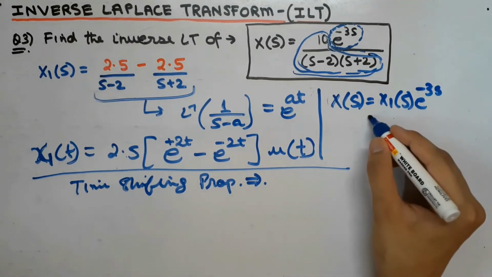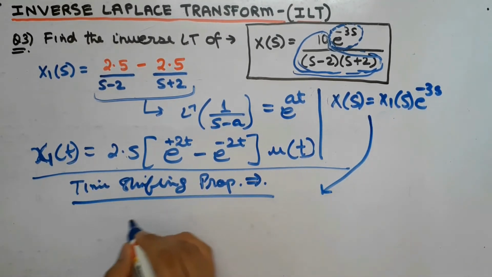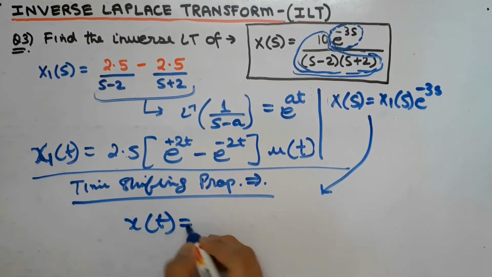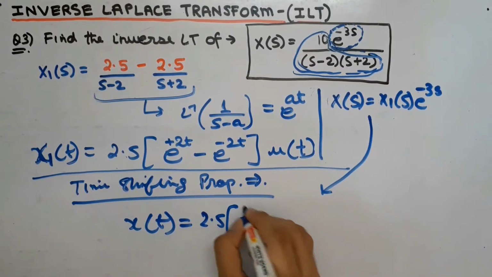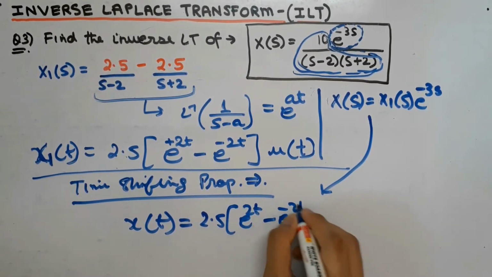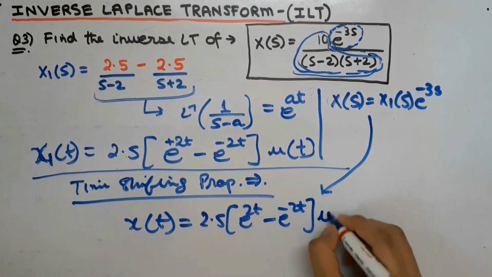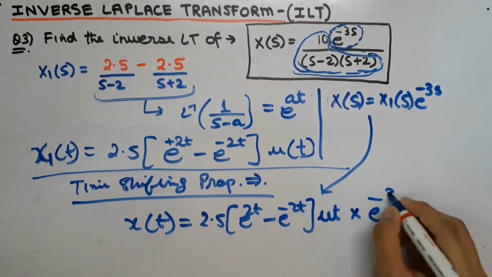Now in order to convert it into the form of x(t), we will first write this part, that is 2.5 into (e to the power 2t minus e to the power minus 2t) u(t) into e to the power minus 3s.